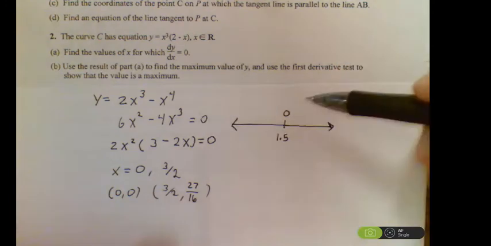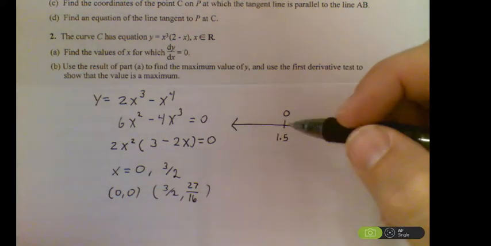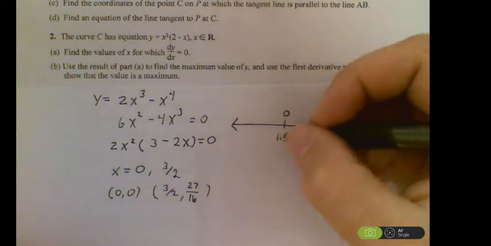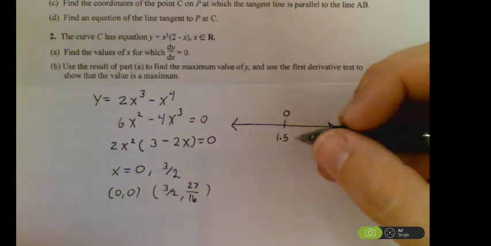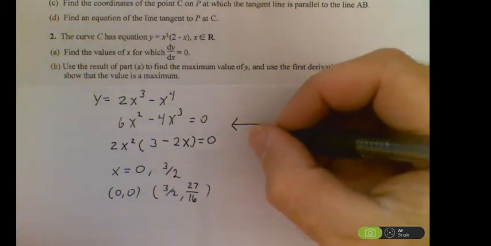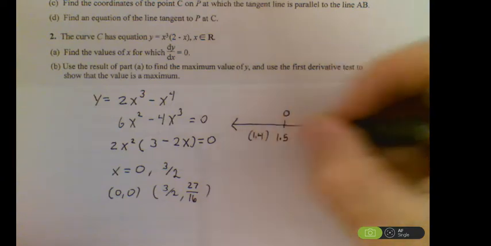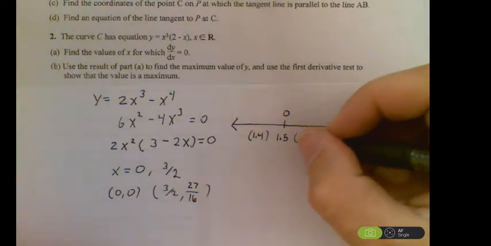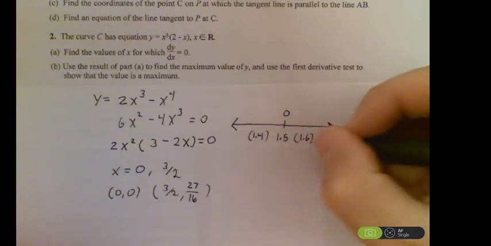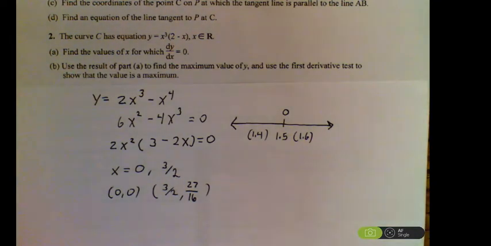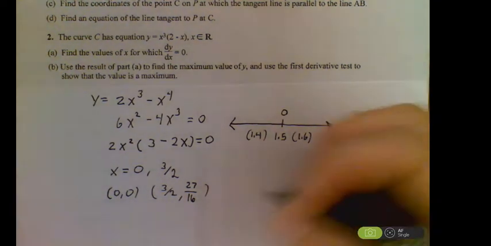So we know the slope is 0 there, so let's test a couple numbers on either side. So if I wanted to test a number smaller than 1.5, such as 1.4, and then we'll test one on just the other side of it at 1.6. You always want to test some numbers that are close to the number that you have.